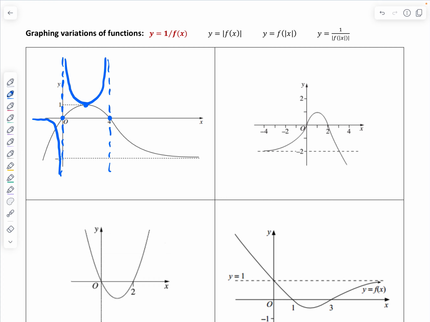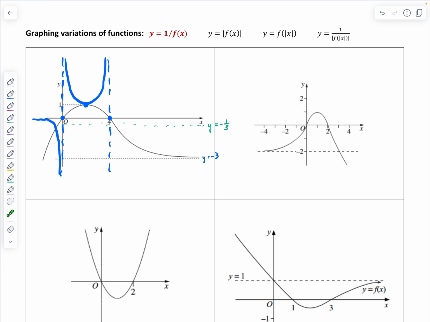So the original has an asymptote at y equals -3. Well, the reciprocal of that is -1/3. So I'll put an asymptote in here at y equals -1/3.